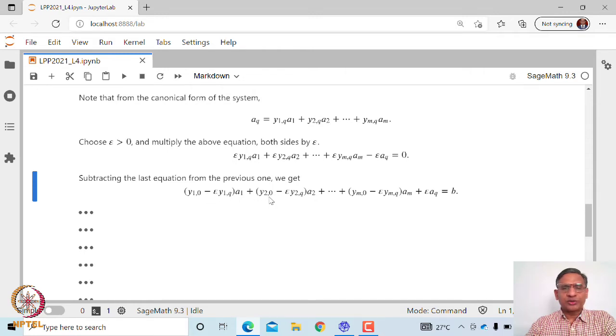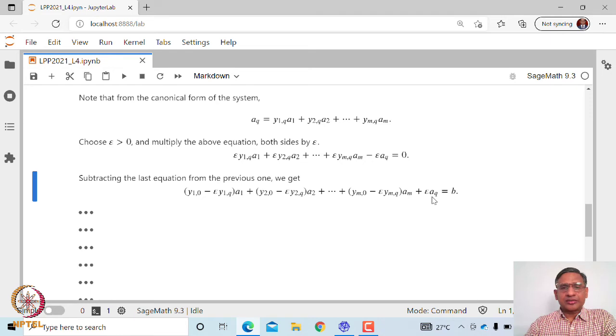The coefficient of a2 is y20 minus epsilon times y2q, and so on. The coefficient of am is ym0 minus epsilon times ymq, plus epsilon times aq is equal to b. So what we have done is written b as a linear combination of a1 to am and one extra, which is aq.